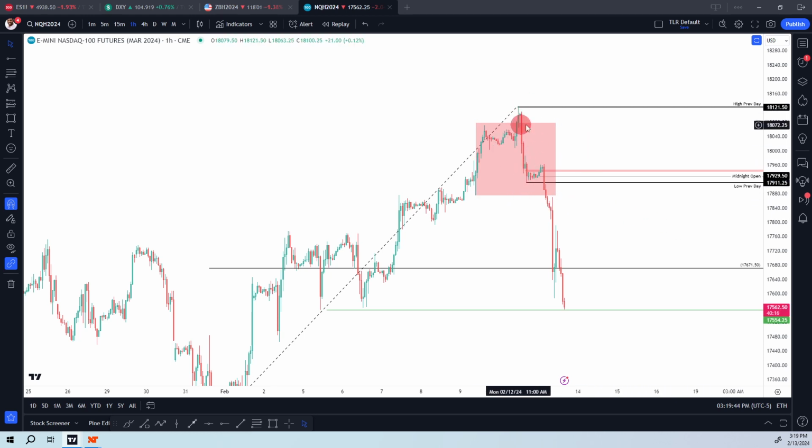Matter of fact, I bought puts when we were up here. So right here, we attacked opposing liquidity, right? And then we came down. And inside there is some kind of confirmation on the lower time frame. Right here is some kind of short.